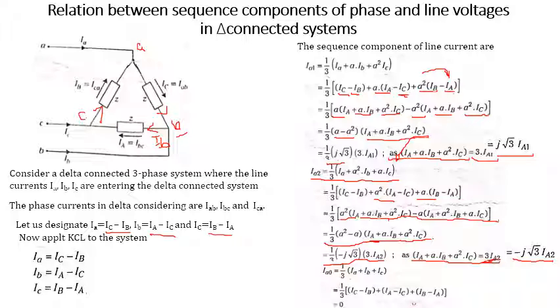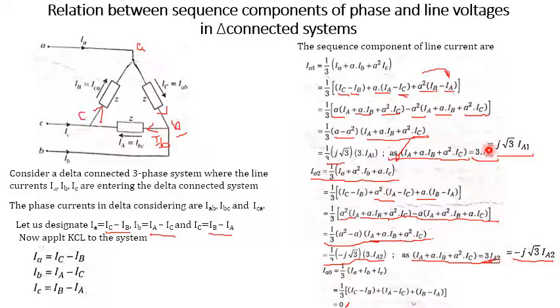Similarly, IA0 can be written as IA plus IB plus IC multiplied by 1 by 3, and we will get the final 0. So what we can understand from this is that in the delta connected system, the line current is root 3 times of the phase current, and the positive sequence of the line current leads the phase current by an angle of 90 degree.